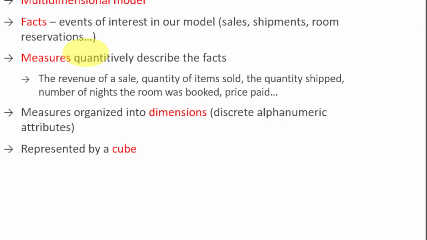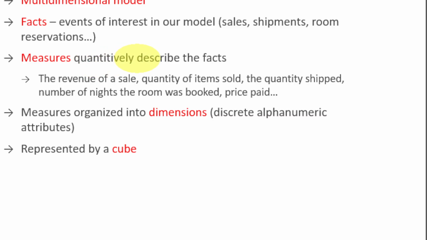Now, what do we mean by data model for data warehouse? The data model is a multi-dimensional model. It has facts, measures, and dimensions which represent cubes. What do we mean by facts? Facts are events of interest in one model: sales, shipment, room reservation.